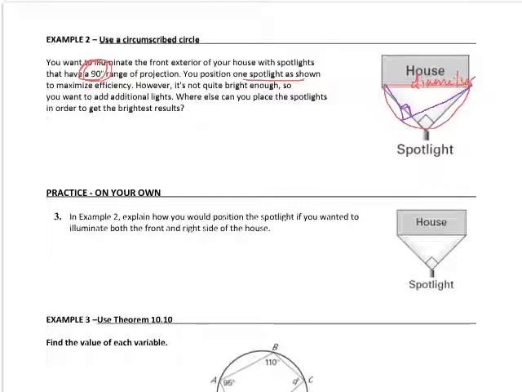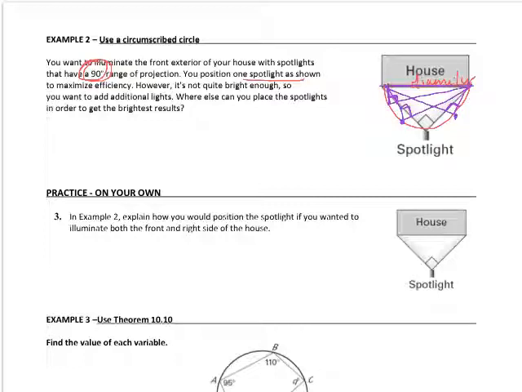All right, so I can make a right triangle from here. This is a right angle, so I can have a spotlight here and I can have a spotlight here. Basically what I'm doing is I'm using the semicircle to determine where I can put those spotlights, because remember, any right triangle inscribed in a semicircle is going to have this as the hypotenuse.